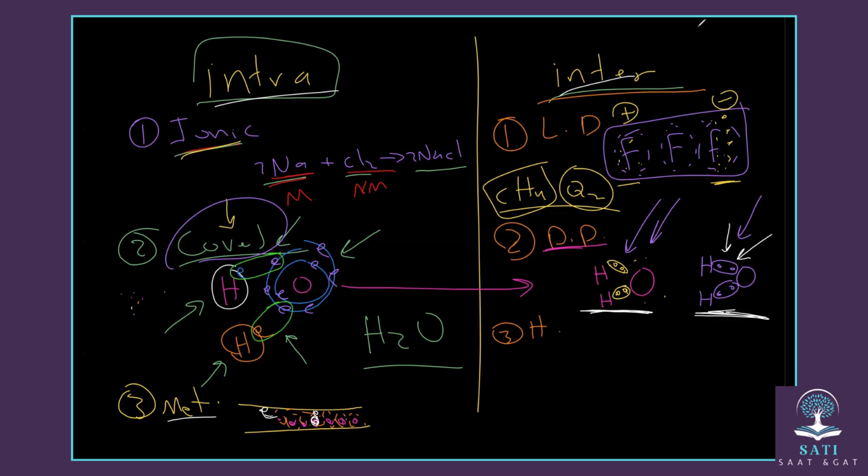In this case, if two electrons are shared between two atoms, this pair of electrons will always be closer to the atom that has greater electronegativity. And as we know, when we go from the left of the periodic table to the right, electronegativity will increase.